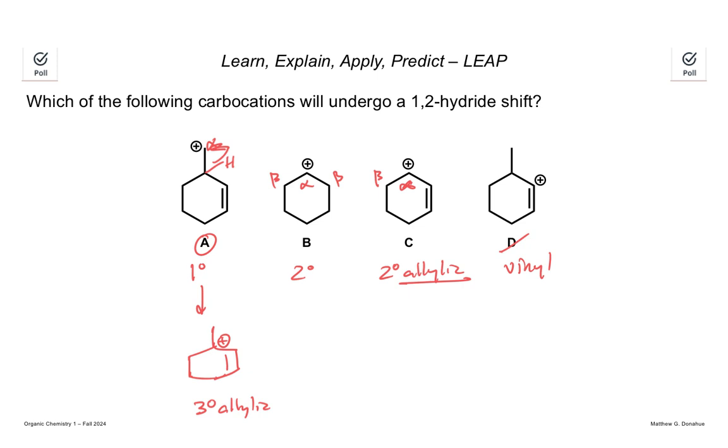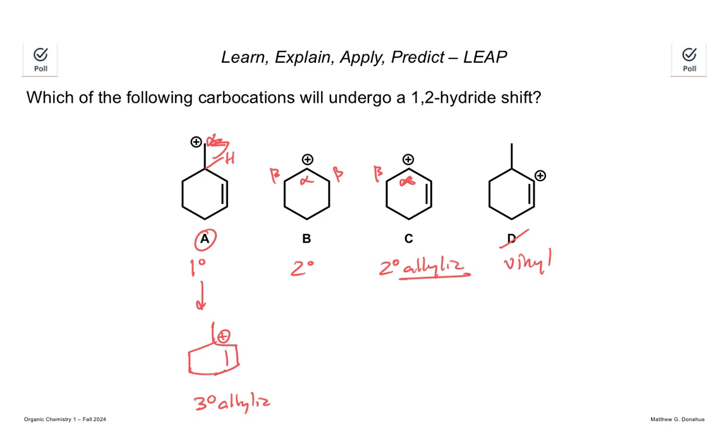Would that still form a resonance structure? If yes, then would the resonance structure be a secondary allylic? Yeah, so it would form that resonance form. And again, what you have to realize is that when we're drawing these separately, really it's just one thing.